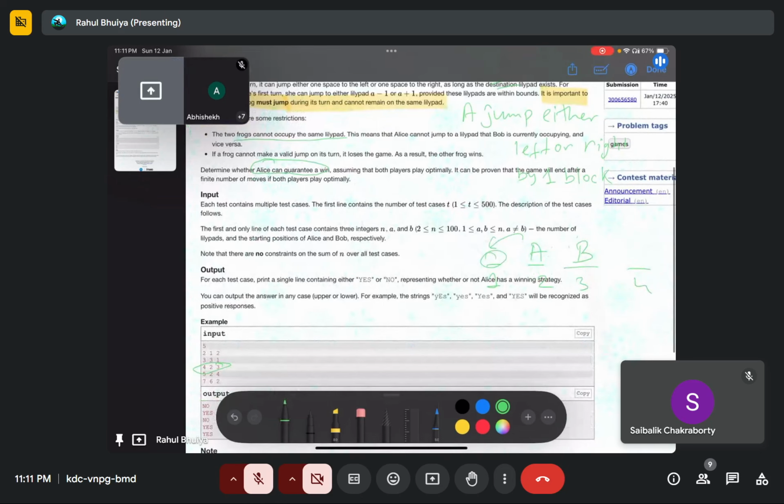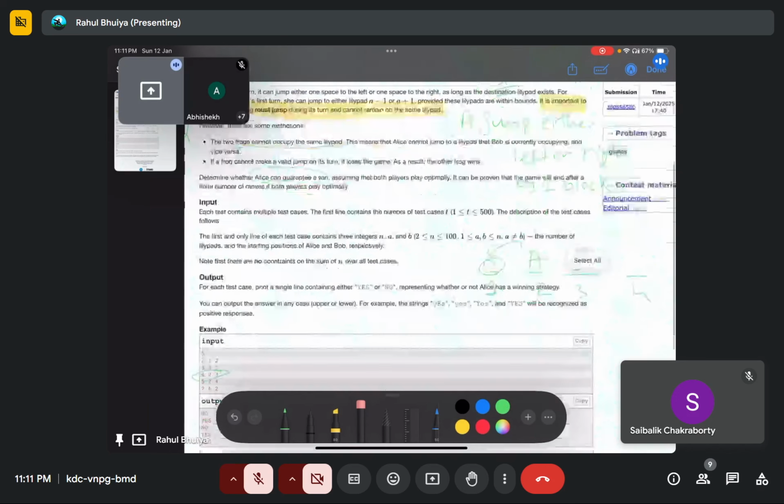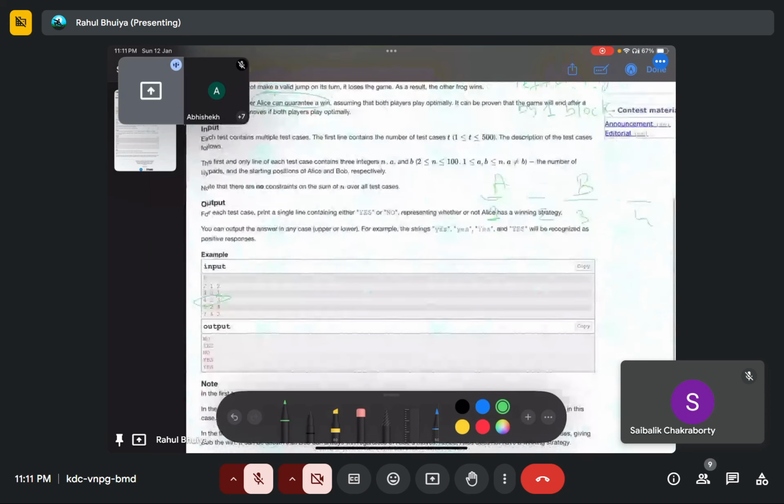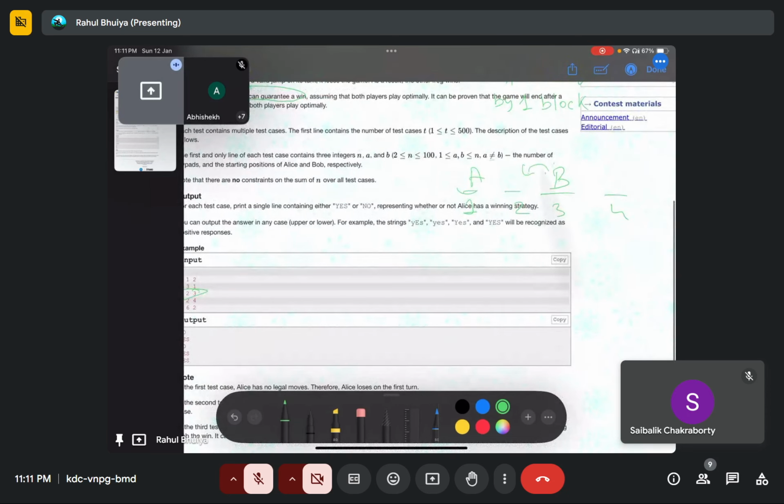Bob has to jump, meaning there is no option to not jump. So I will place Alice here after the first move. Then Bob has the opportunity. What will Bob do? Bob can move here or here.